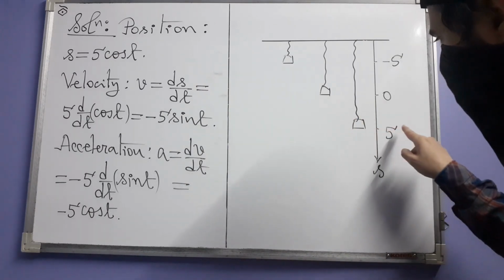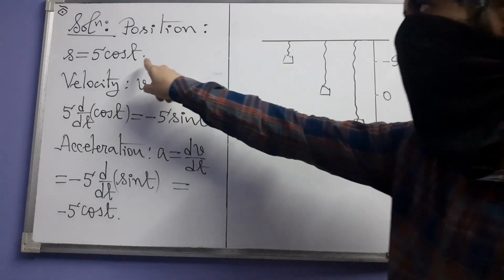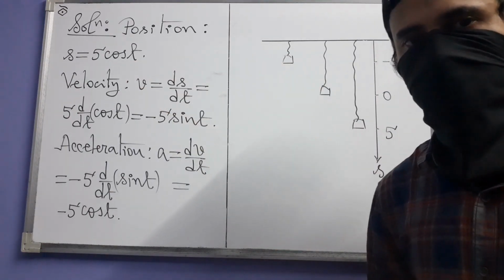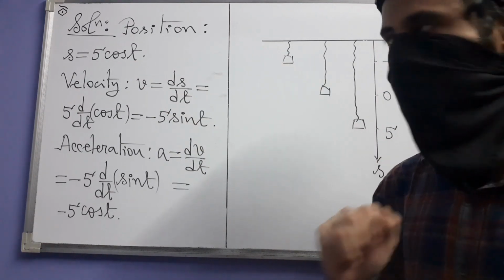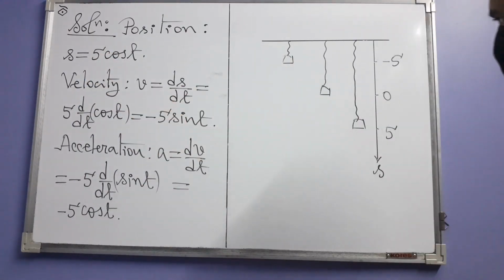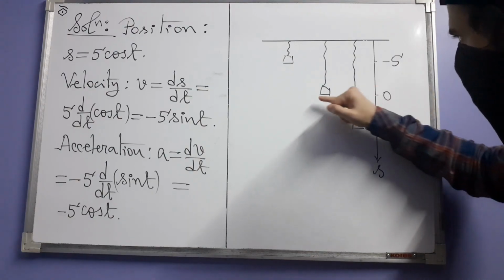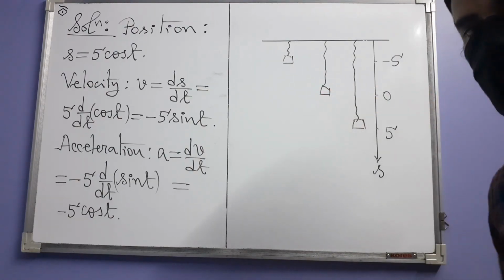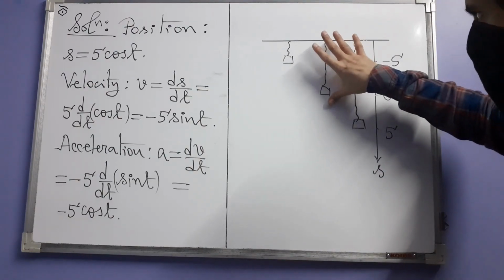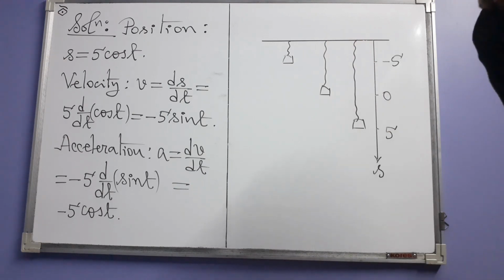So after t equal to 0, what will happen if you put t equal to pi divided by 2? Cos pi over 2 is 0, so s will be 0. So at t equal to pi over 2, at that instant of time, the body assumes its mean position, or rather the system assumes its mean position.